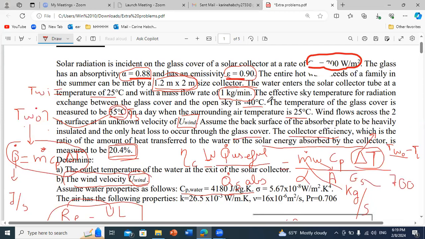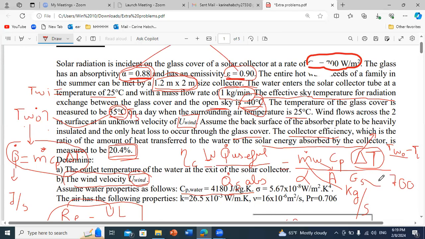While for the absorbed one, they told you the effective sky temperature for radiation exchange between the glass and the open sky. So you have radiation coming from the open sky, which has a temperature of minus 40 degrees. So when you consider the absorbed radiation coming from the sky, you need to consider the temperature of the sky, and of course the absorptivity. In the course material we said if they don't give alpha, we take alpha equal to epsilon. But if they give you alpha different than epsilon, you should know where to use epsilon and where to use alpha.